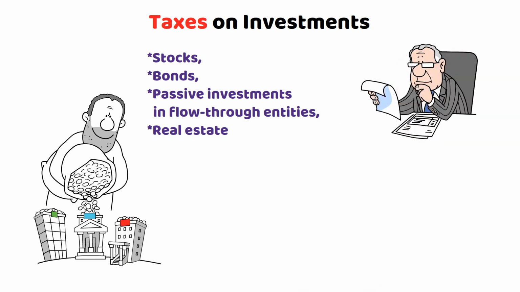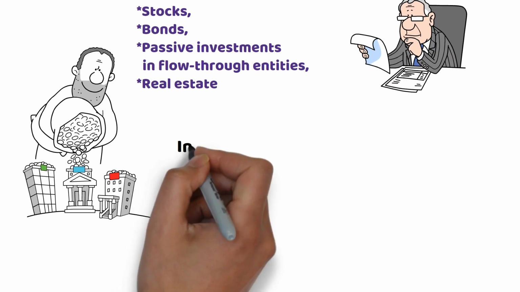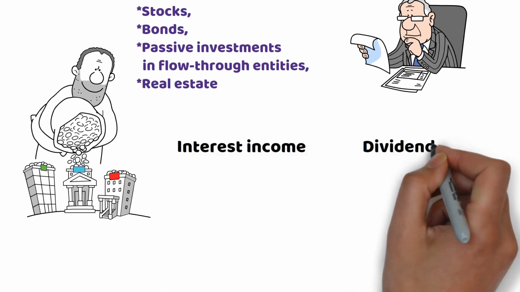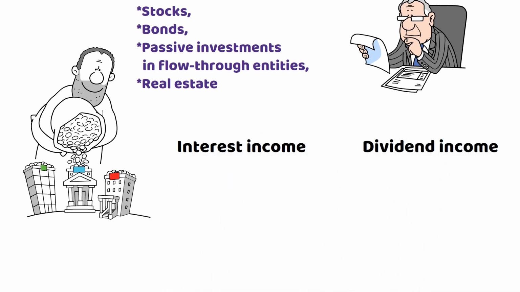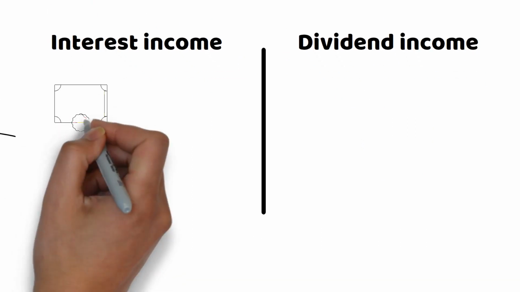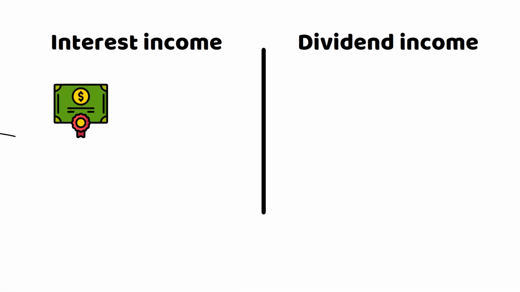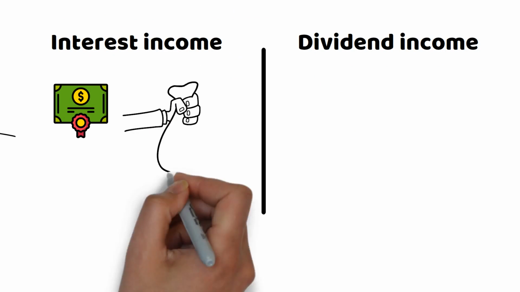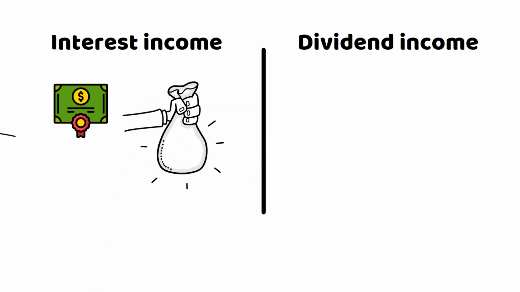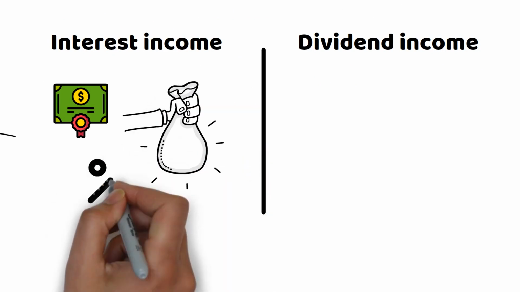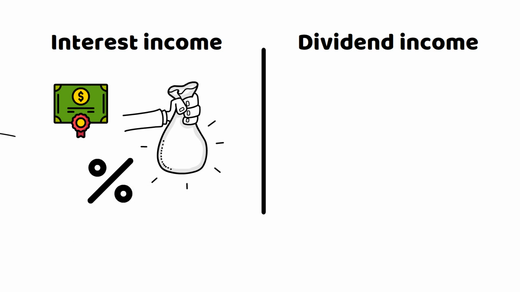In portfolio investments, you'll encounter two primary types of earnings: interest income and dividend income. Interest income, often generated from bonds, is taxed as ordinary income. It's straightforward. You earn interest, and it gets added to your other income, subject to your usual tax rate. Dividend income, however, dances to a different tune.